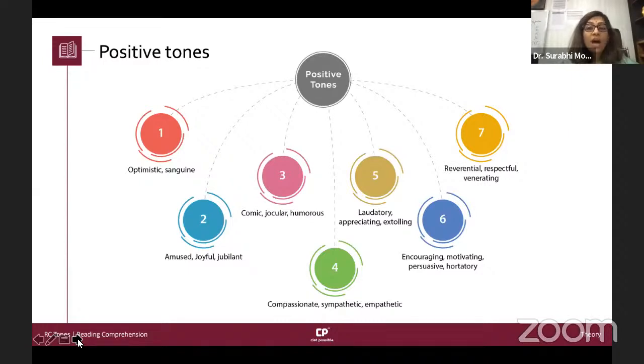tones which are written in the form of praise or happiness, excitement, or encouragement, or the passages that are funny.